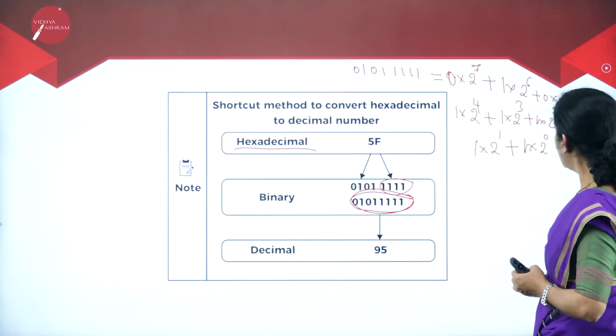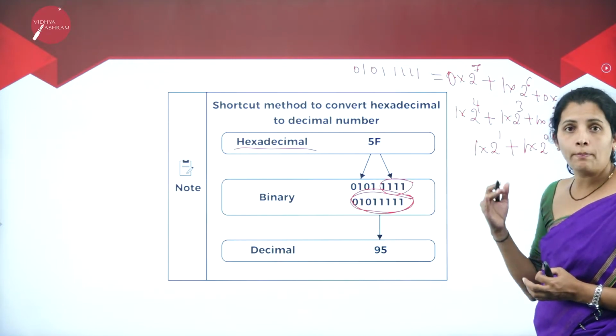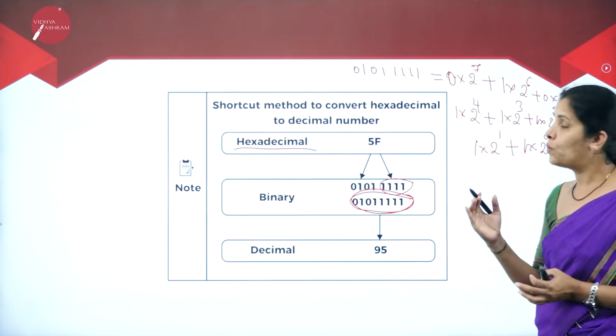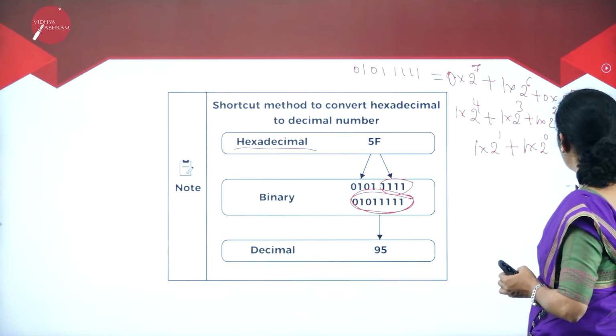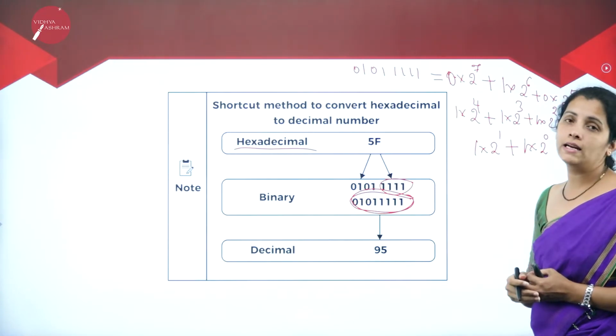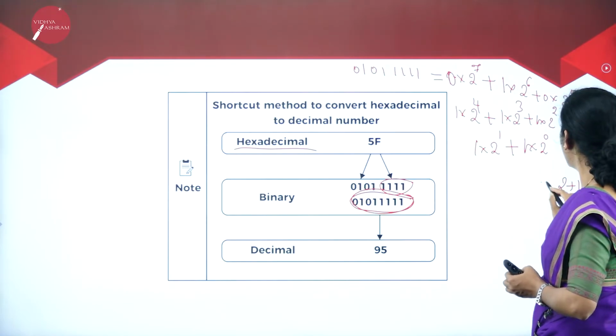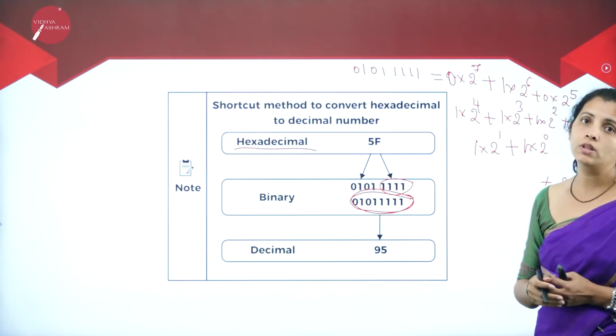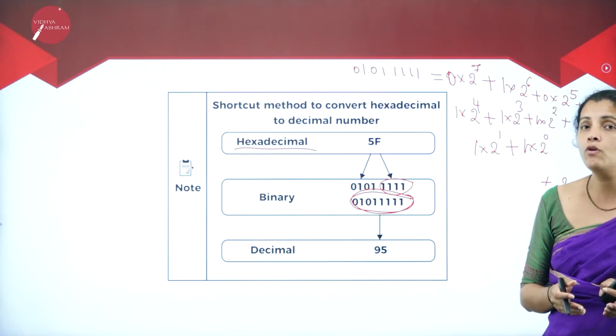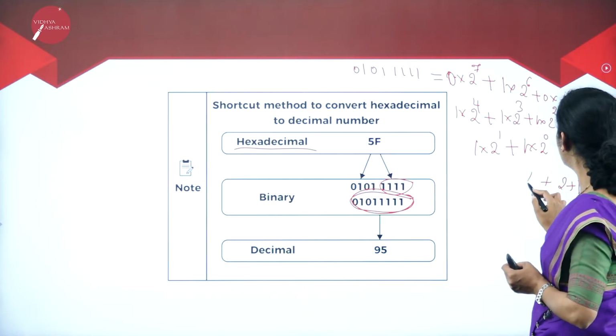Now, 2 to the power 0 is 1, so 1 into 1 is 1. 2 to the power 1 is 2, and 2 into 1 is 2. Then 2 to the power 2 is nothing but 4, and 4 into 1 is 4.